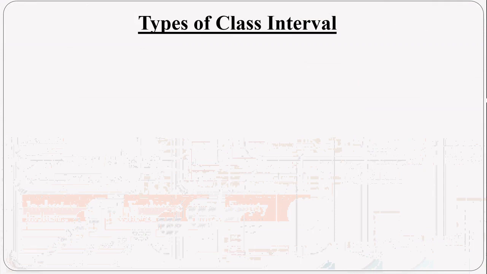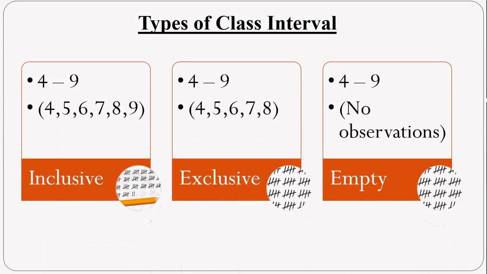Now, let me show you some examples with regard to the types of class interval. We have three types: inclusive, exclusive, empty. In inclusive, you can see the class limit is 4 to 9. If the problem states inclusive, you need to take 4, 5, 6, 7, 8 and 9. If it is exclusive, you need to take only 4, 5, 6, 7 and 8.